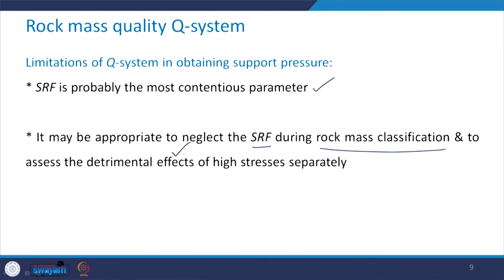So we need to be careful that we are not considering the SRF while calculating Q and also taking this effect in the analysis. One needs to be careful here.